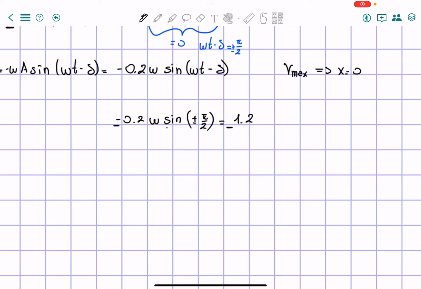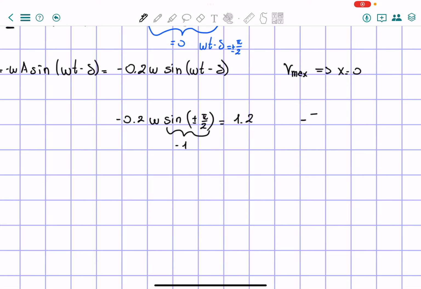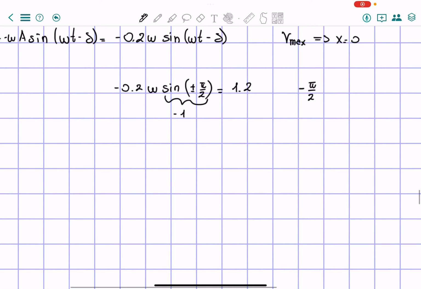So we want the sine part to be negative 1. In order to get negative 1 from the sine, the inside has to be negative pi over 2. So our actual equation is negative 0.2 W sine of negative pi over 2 equals 1.2.